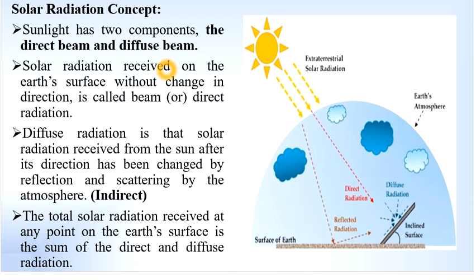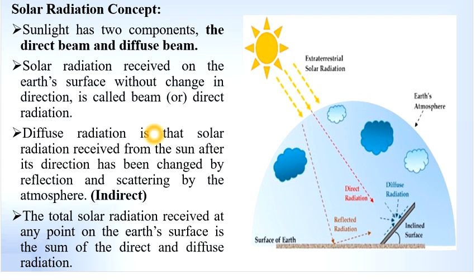If you read it here, the sunlight has two components, that is direct beam and diffuse beam. This diffuse beam is the one which is coming through reflection, or indirect. Solar radiation received on the earth's surface without change in direction is called beam or direct radiation. So we have a different name for direct radiation, that is beam radiation.